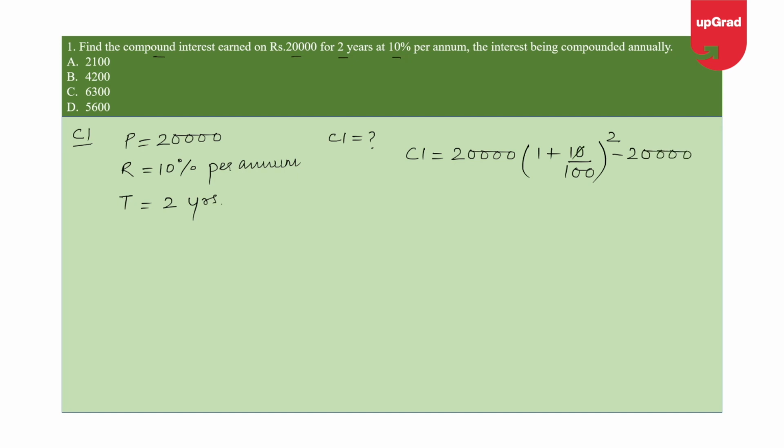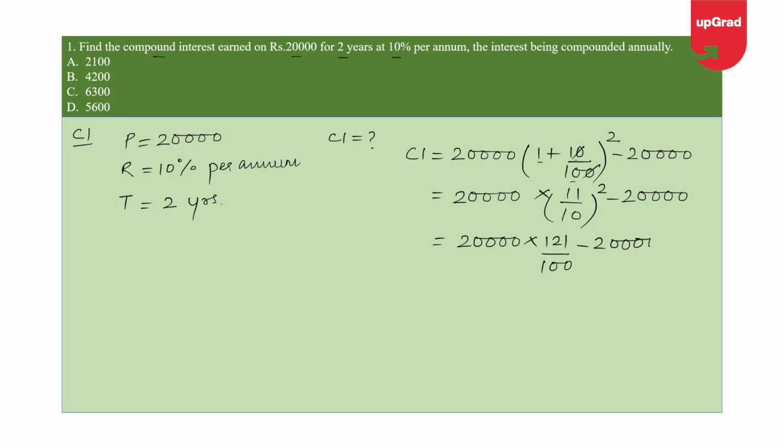Now this looks quite okay because the values are manageable. So I have 20,000 multiplied by, this will be 1 plus 1 by 10, which will become 11 by 10 whole square, minus 20,000. 11 square is 121 by 100 minus 20,000.